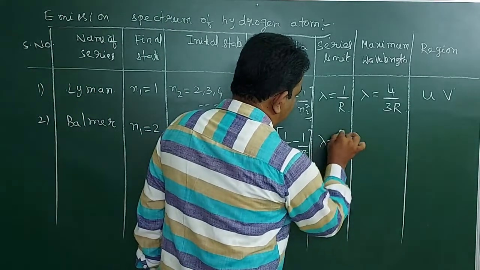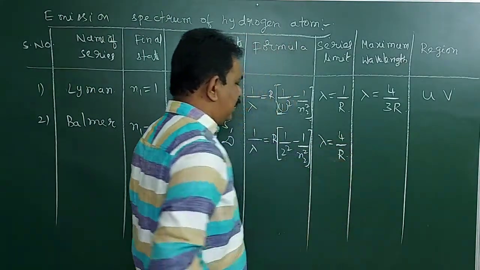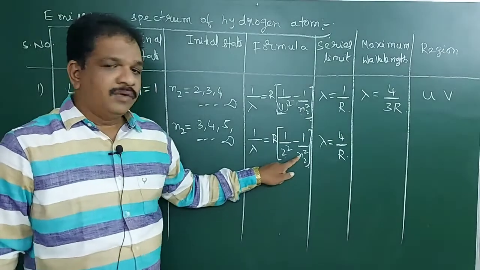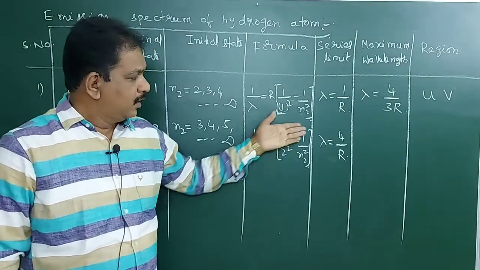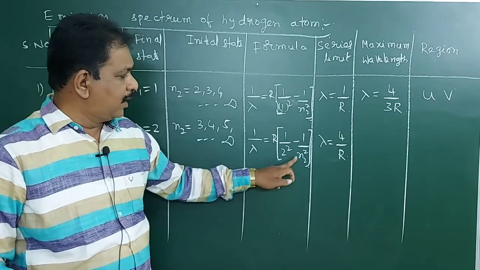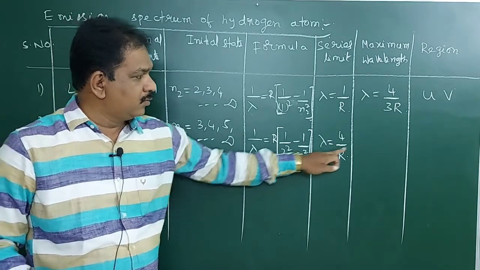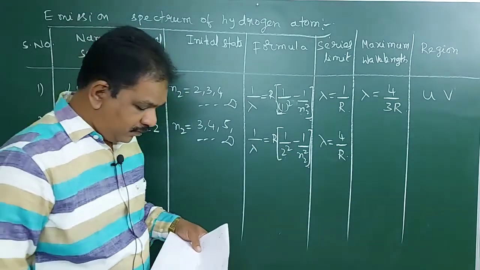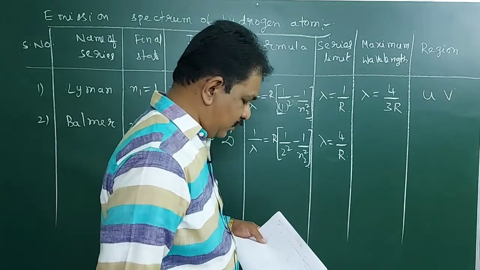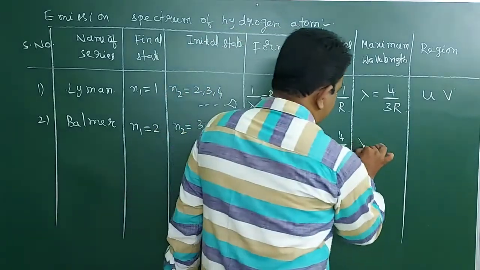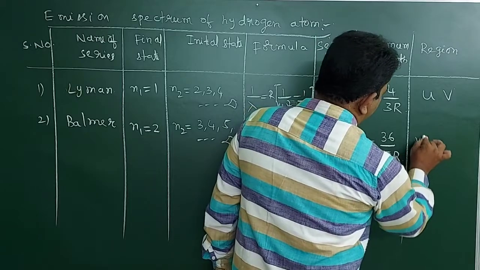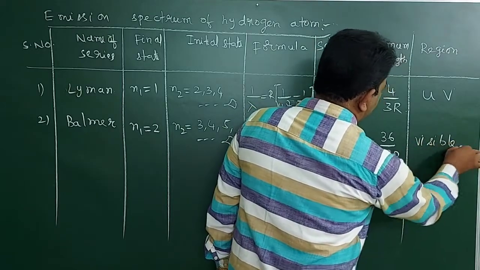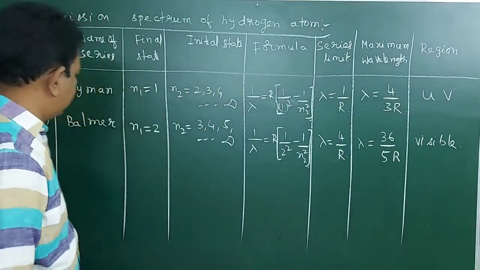Here if you take infinity, 1 by lambda is equal to R by 4, so lambda is equal to 4 by R. If you take n2 is equal to 3, how much value? That is lambda is equal to 36 by 5R. It will be in the visible region.